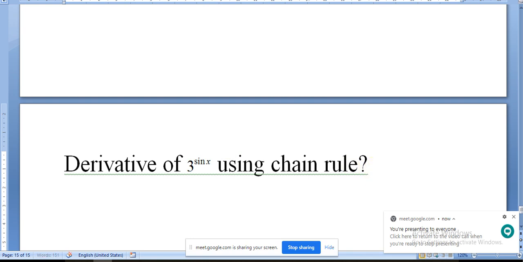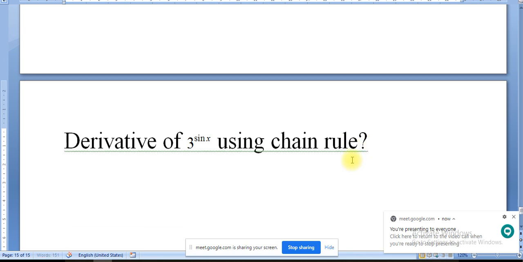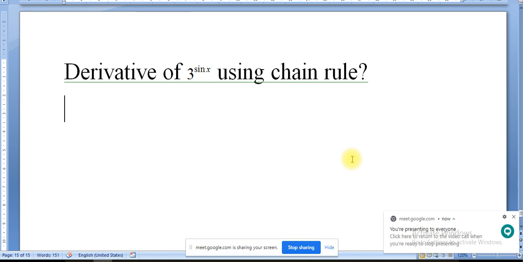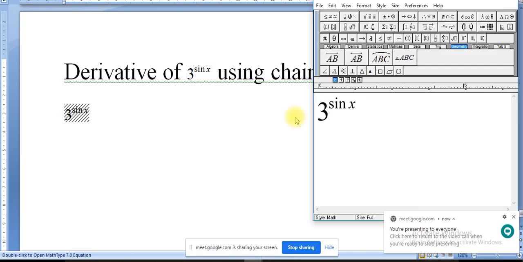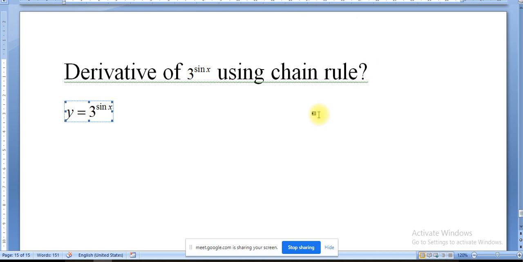We'll start the sum by considering y is equal to 3 raised to sin x. Now think about what is the inner function and what is the outer function. The outer function is 3 raised to x, and the inner function is sin x.